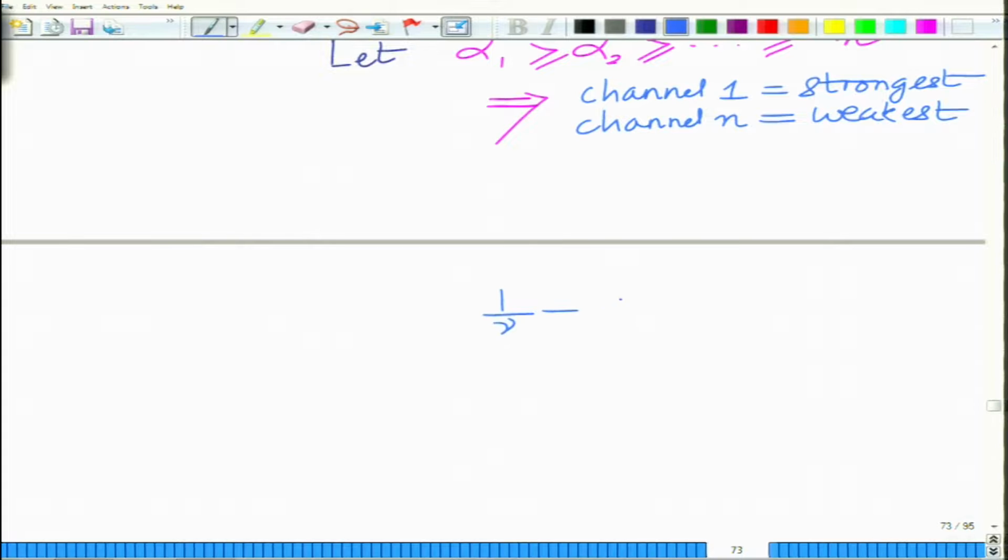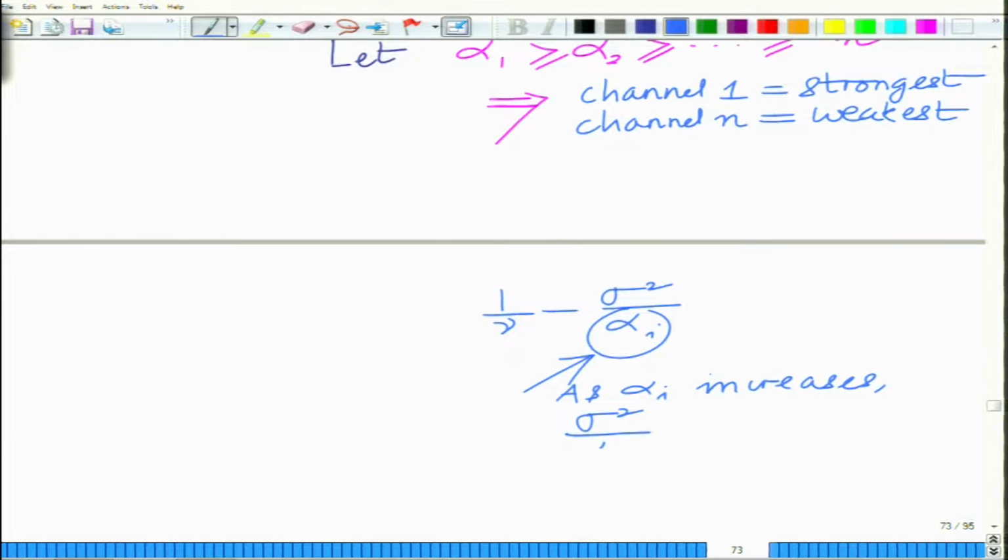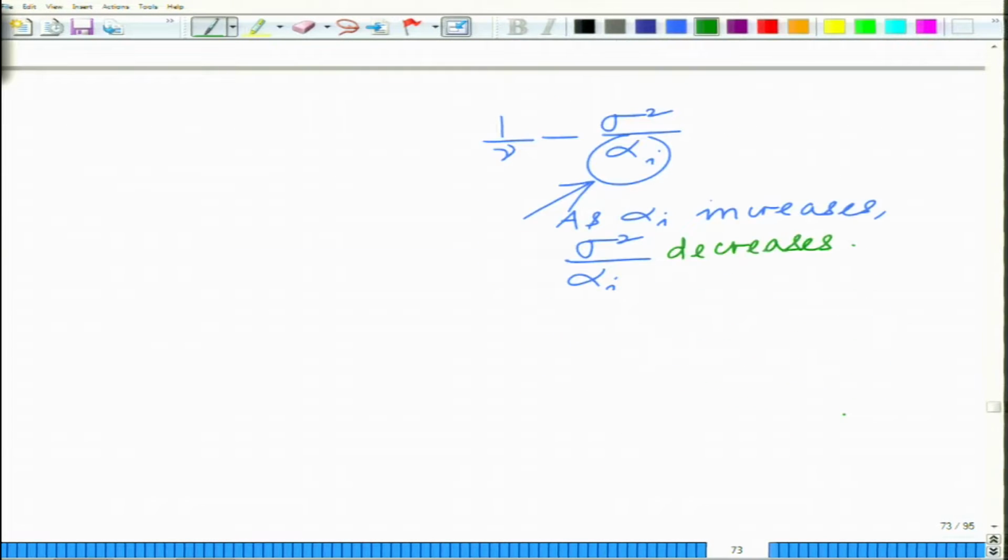Now, what this implies is, if you look carefully at this, 1 over nu minus sigma square by alpha I. As alpha I increases, observe that sigma square by alpha I, this quantity decreases.